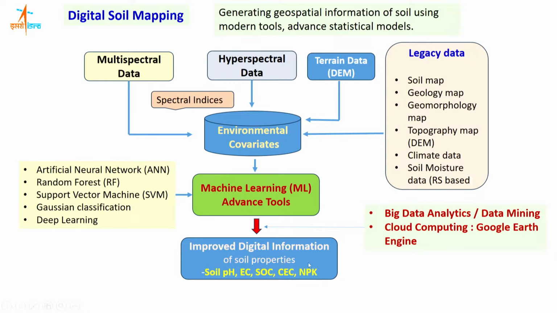Here we are able to prepare maps of soil properties, for example pH, electrical conductivity, carbon, CEC, and NPK, but not the soil map I discussed earlier for the conventional soil mapping.